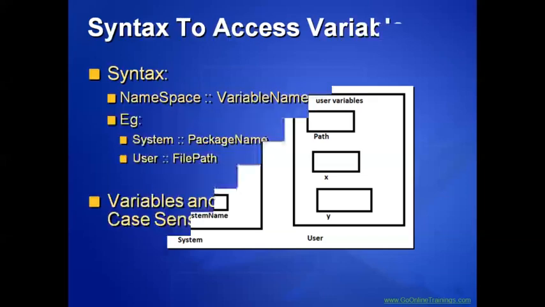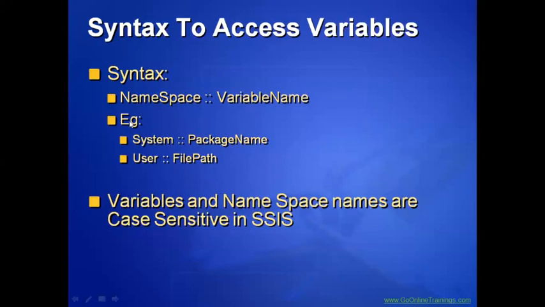I will give you a couple of examples. Now, how do we access the variable using syntax? You need to write the namespace name, for example, System::PackageName. You will be able to see what your package name is. User::FilePath. Variable names and namespace names are case sensitive. S is capital here, U is capital here. If you give F as a capital, P as a capital, you need to give the same name.